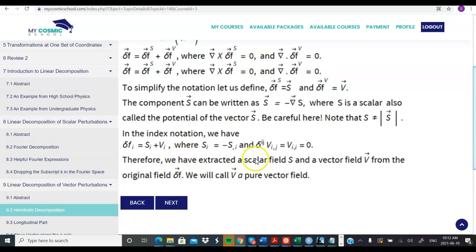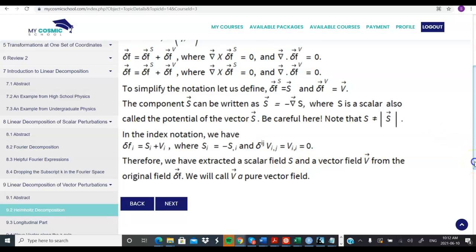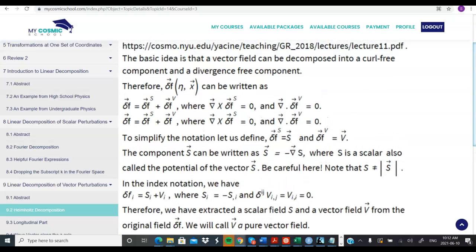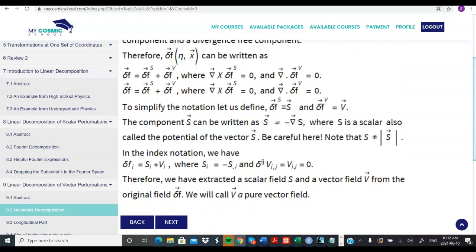You need to be thoroughly fluent with it. So what are we looking at here? This is the vector which I am decomposing into s and v. In index notation, I will write delta f_i, that is the ith component of delta f, is equal to the ith component of s plus the ith component of v.